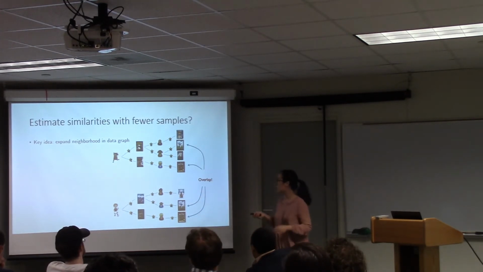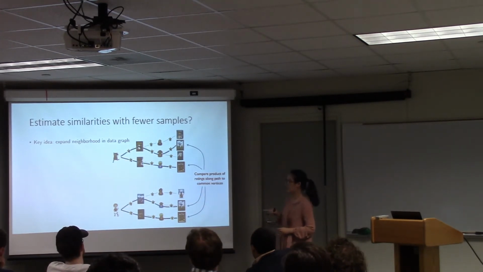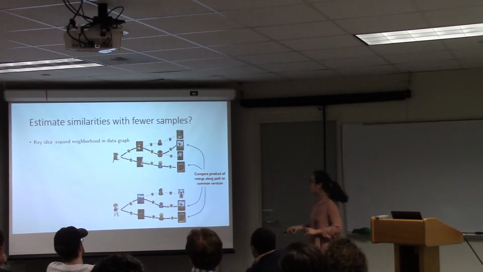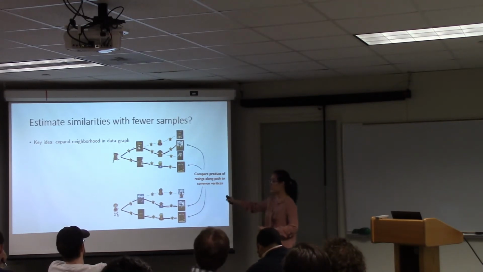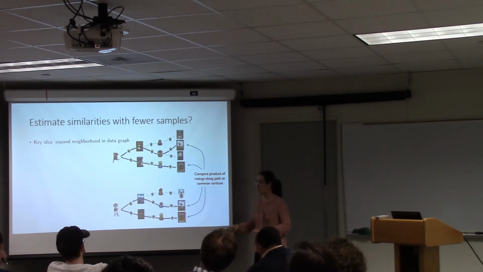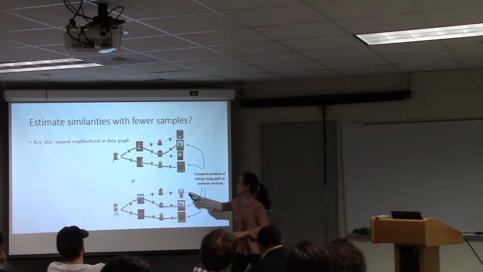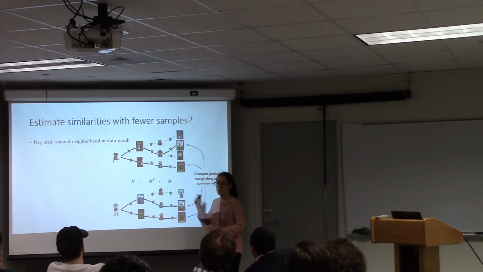Now given these overlap items, I can compare the similarities by comparing the product of ratings along the paths to common vertices. So from Alice to Sound of Music and Bob to Sound of Music. And roughly, you can show that this statistic looks like you're just taking higher order powers of your data matrix.